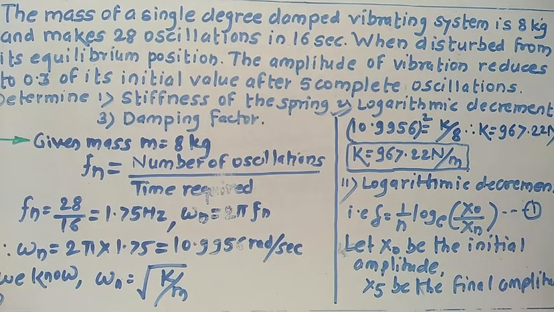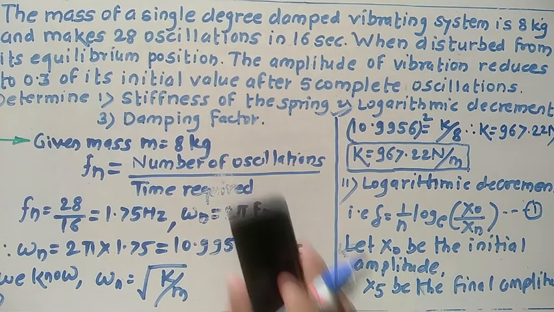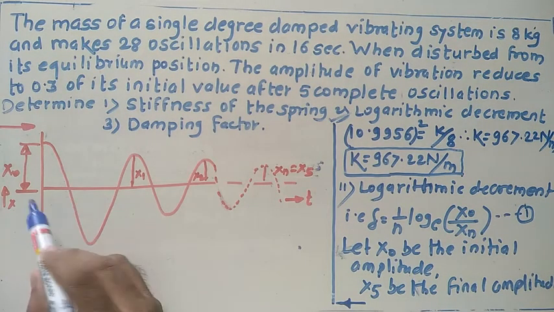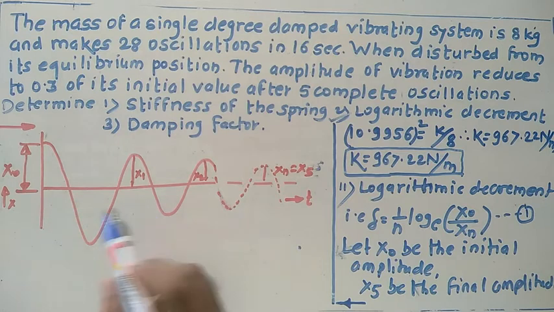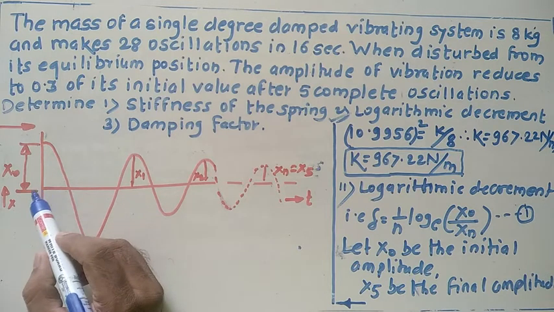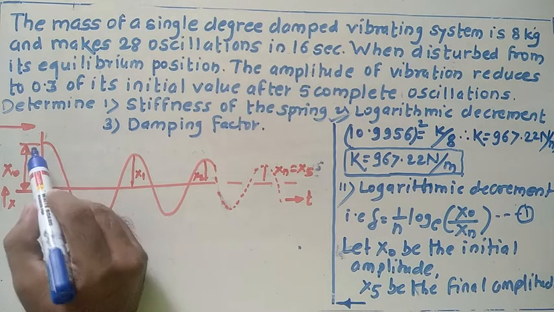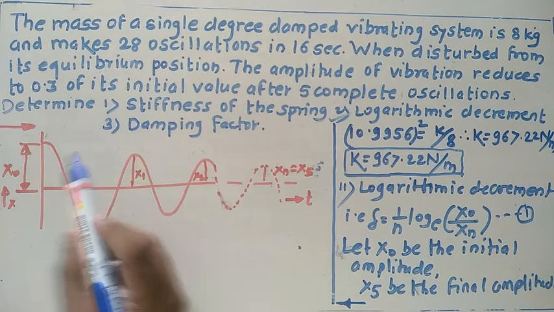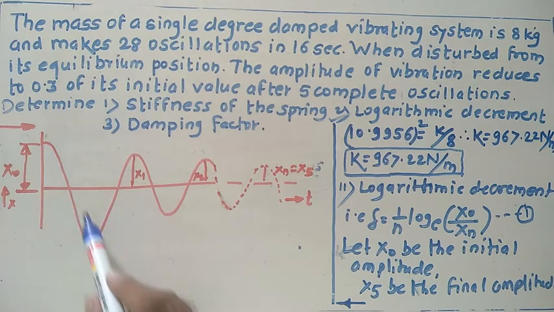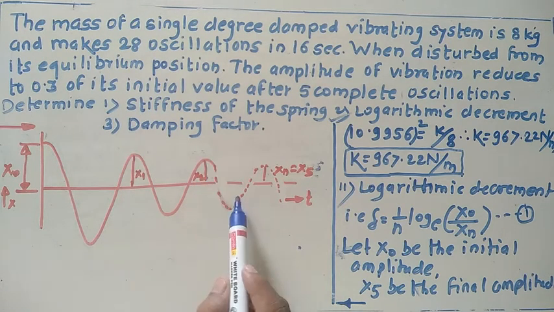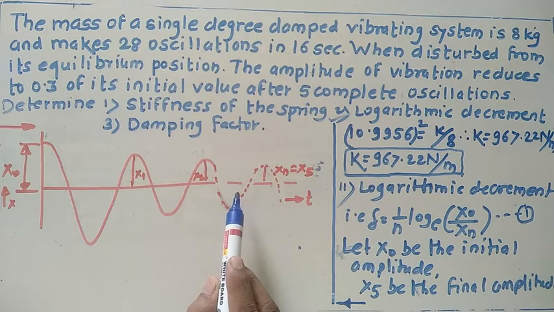If you draw the diagram here for displacement versus time, we can get the response like this. The amplitude we have assumed as initial amplitude here is nothing but x naught. After some time the amplitude reduces because of the damping present in the system.